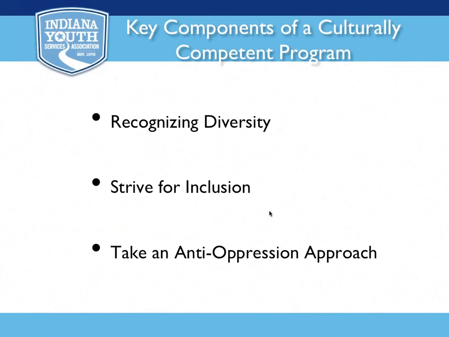All right. So, keys to recognizing culturally competent programs. We've already talked about diversity, certainly striving for inclusion. It is important that a culturally competent organization take an anti-oppression approach.